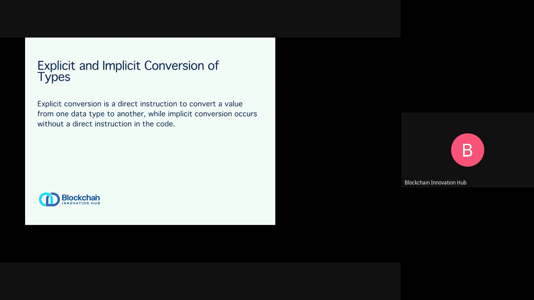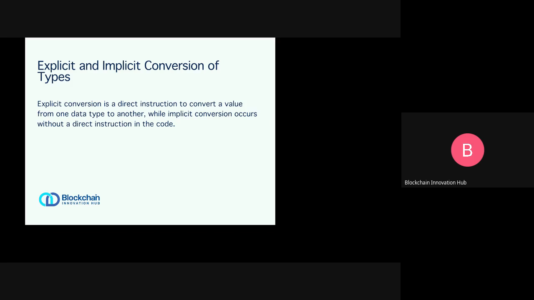With implicit conversion, you don't need to tell the compiler; it automatically knows what you are doing. You don't need to say, convert this for me. But when it comes to explicit, you have to convert it explicitly.